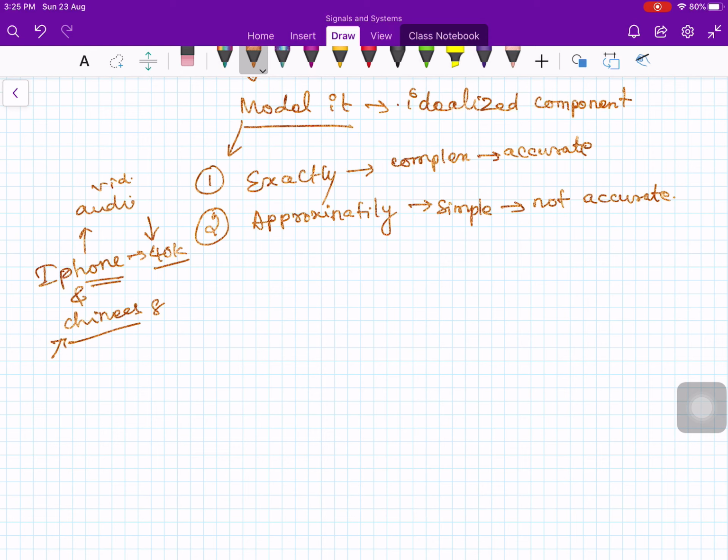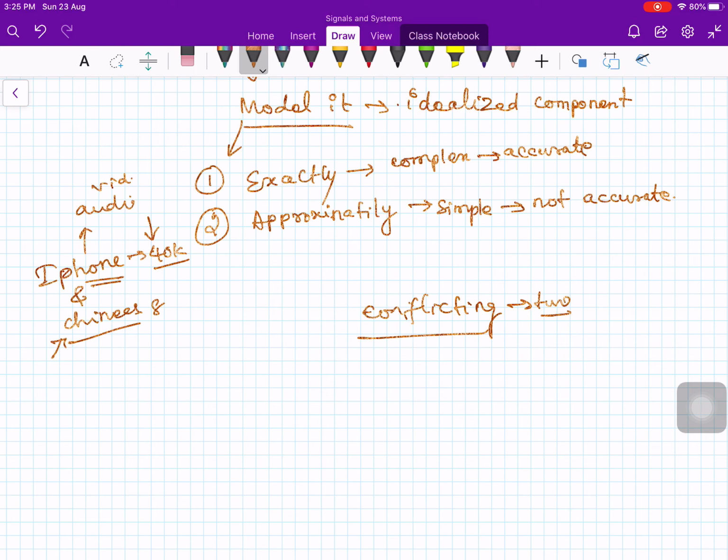Therefore, there are two conflicting requirements. When you go to an industry, two conflicting requirements will be given: the first is an approximate model, and the other is a complex, accurate model. So there are two conflicting requirements in the evolution of a model for a given physical system.